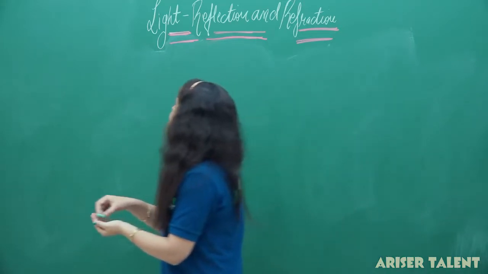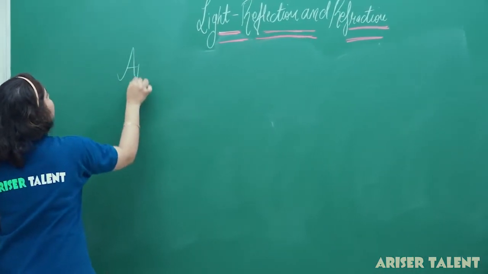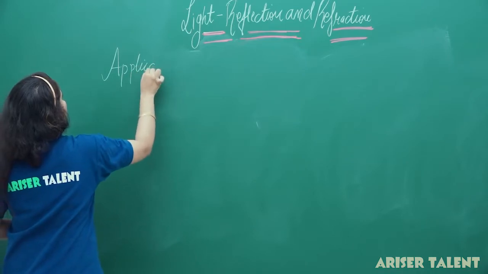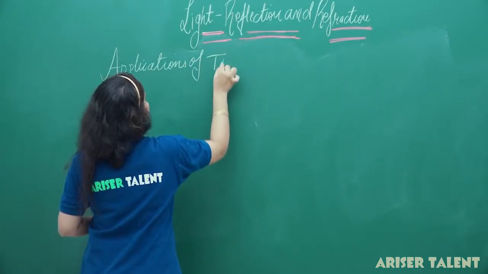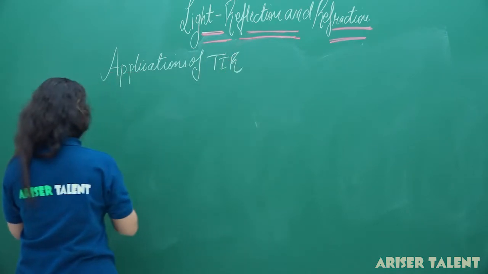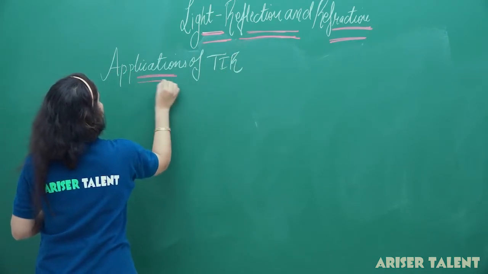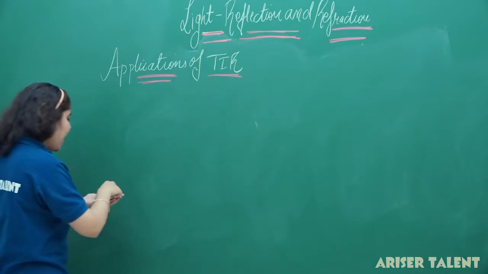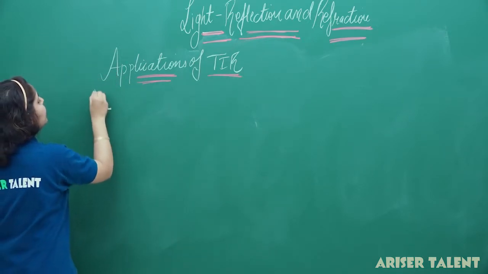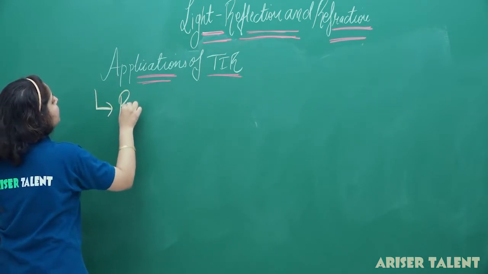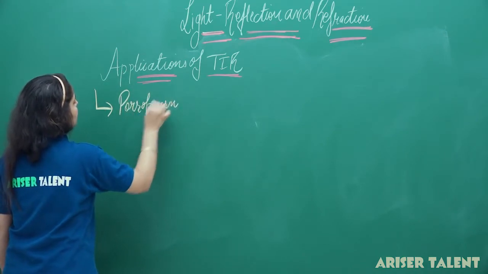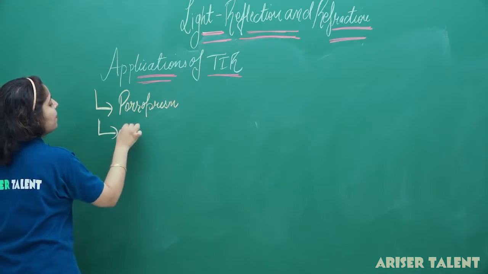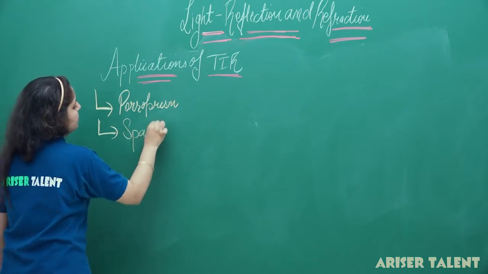So in the applications or effects of TIR, what we have dealt with till now: firstly, the porro prisms. Secondly, the sparkling of diamond.